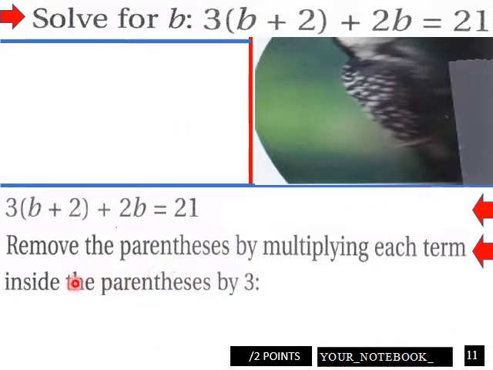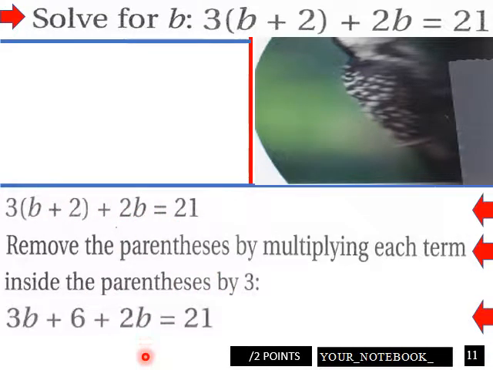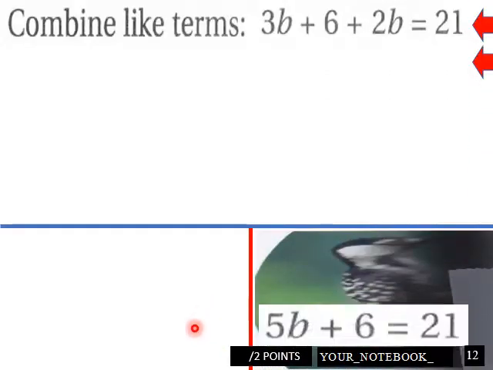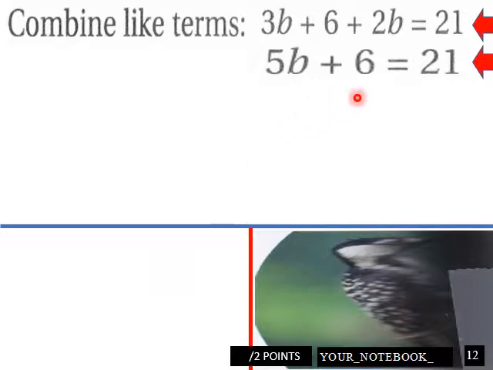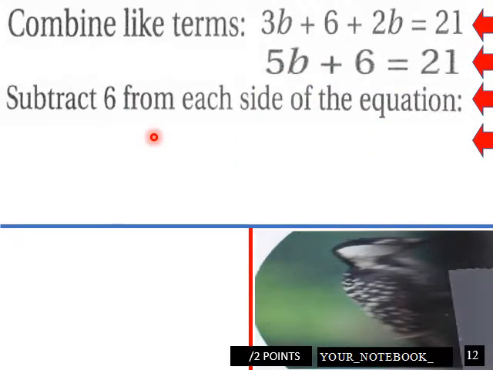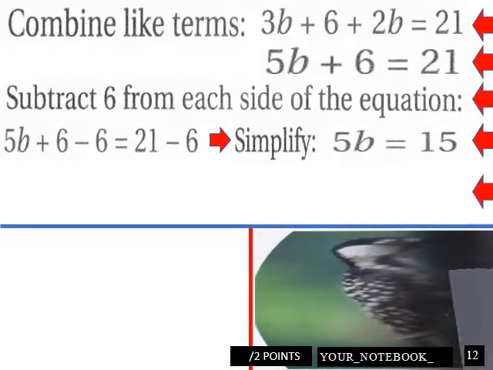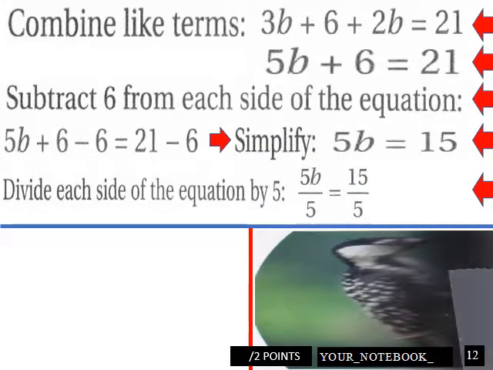Remove parentheses by multiplying each term inside the parentheses by 3. Then we end up with this. Combine like terms. We get this when we combine like terms. Subtract 6 from each side. Then we just solve it: 5b equals 15. We get b equals 3.